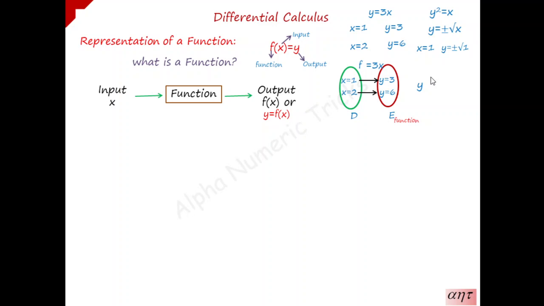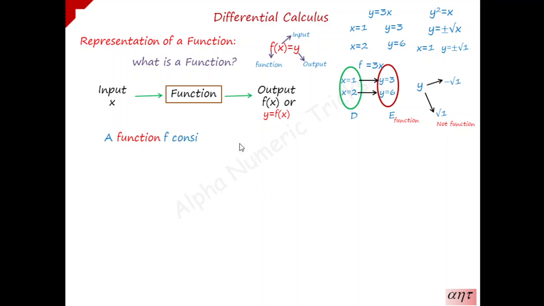Here x is equal to 1 is the single input we are giving, but we get two outputs: y is equal to minus root 1 and plus root 1. So this is not possible. In a function, if you give one input, you should get exactly one output. So this is not a function.